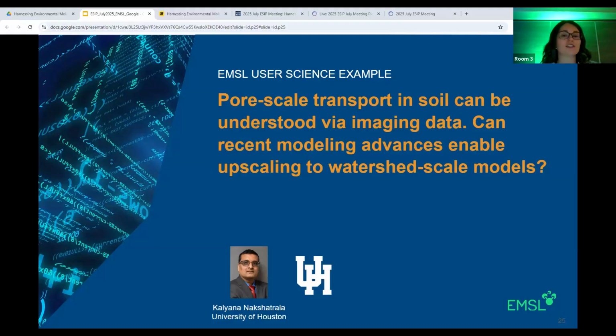But Professor Nakshatrala saw a way around those challenges, and he proposed a new way to perform that upscaling. In order to do that, he needed some help from EMSL's environmental and computing researchers to help test that method.